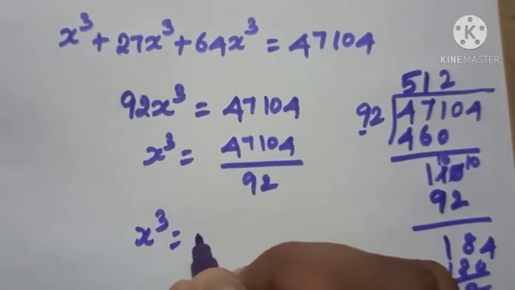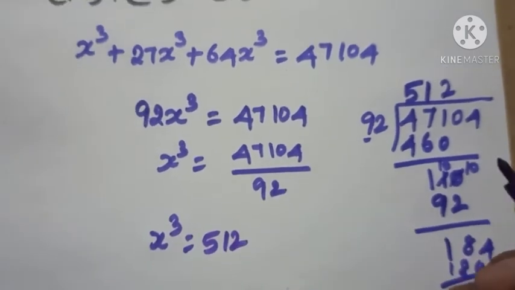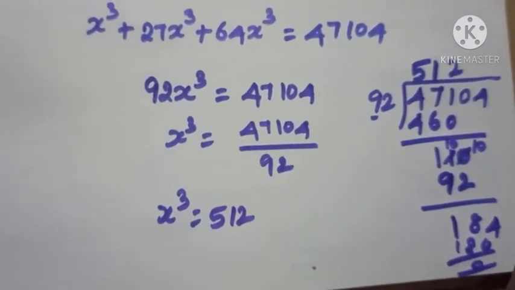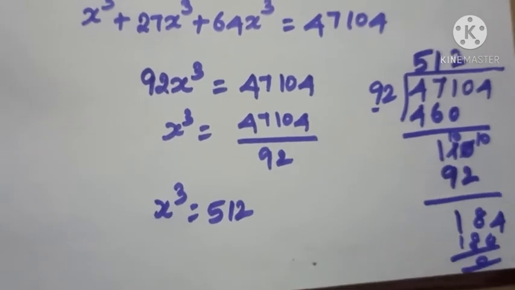So dividing 47,104 by 92, you get 512. So x cube is equal to 512. By using prime factorization, now we need to find the prime factors of 512.